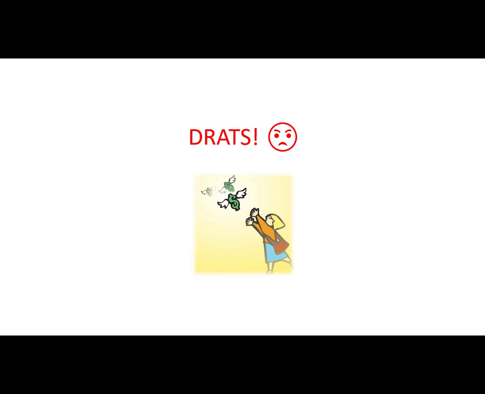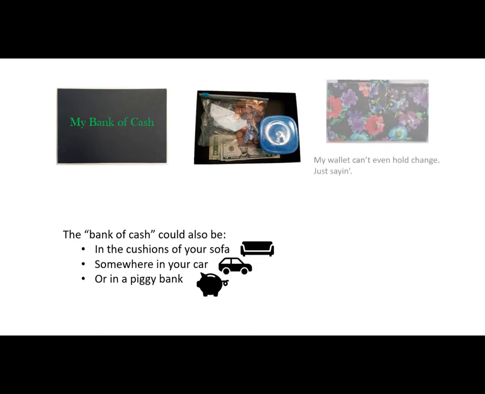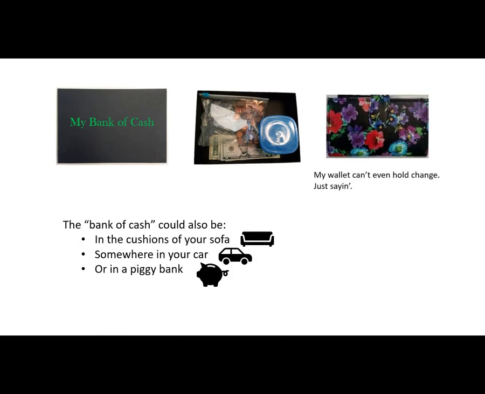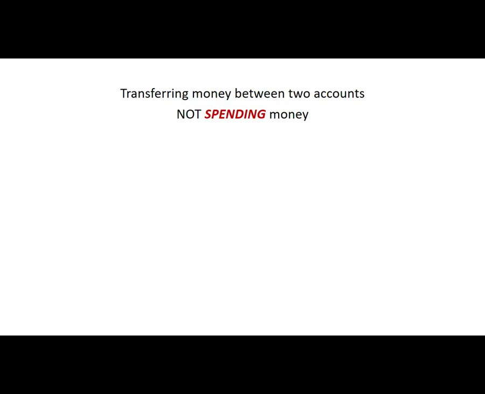All right, so the black box with the Ziploc bags or my wallet is considered my account for cash. Now just think about it. When you take cash out of the ATM, you're not spending it. You're just transferring it between two accounts.